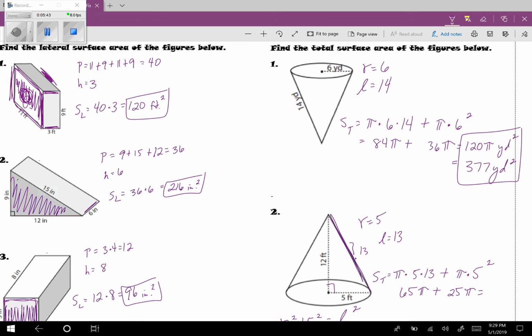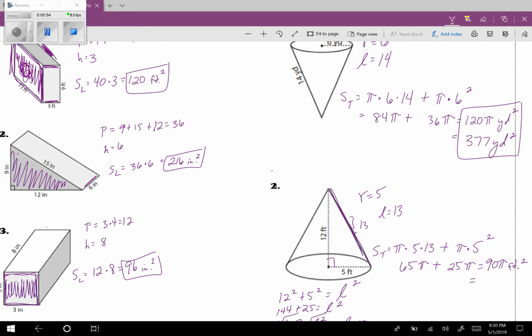When we add those together, you get 90 pi, and it's feet squared. Then do 90 times pi in the calculator, and you get 282.7 feet squared.